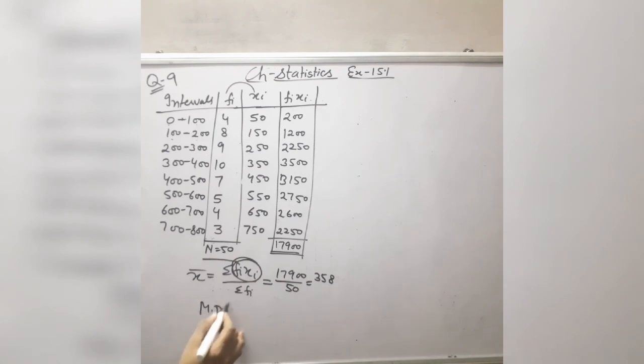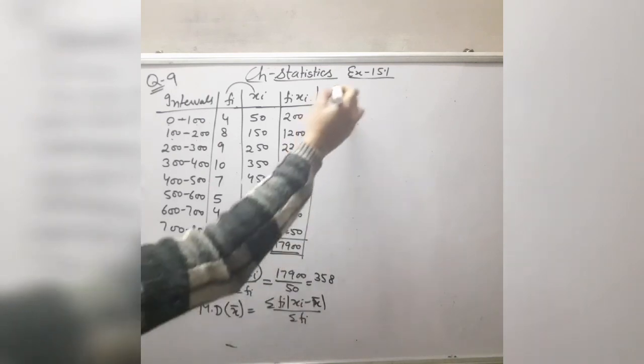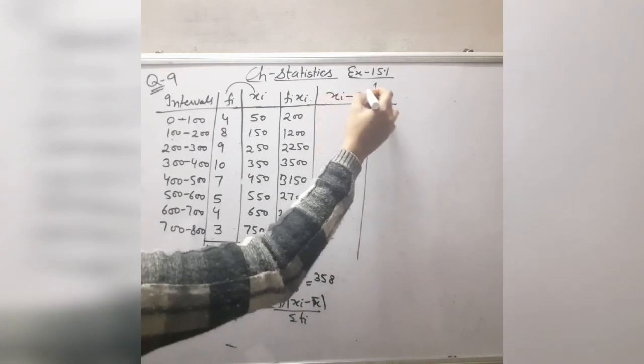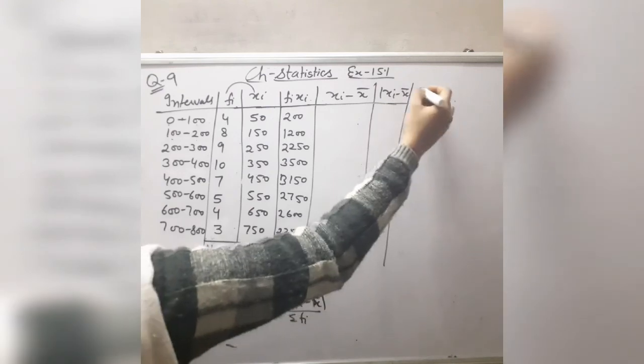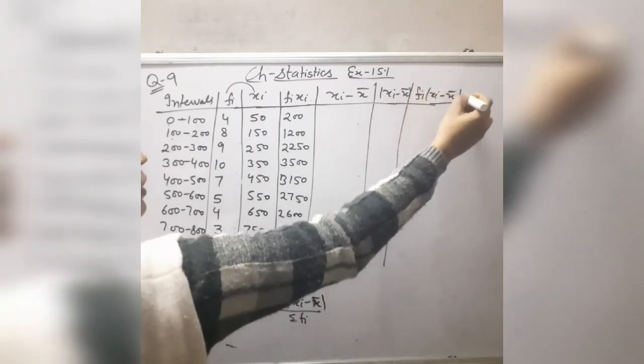Now mean deviation about mean, you know very well what the formula is: summation fi mod xi minus x bar divided by summation fi. So now for this mean we need mod xi minus x bar. Firstly we will calculate the difference. In the next column we will take the mod, and then in the last column we will take the product of fi and mod xi minus x bar.